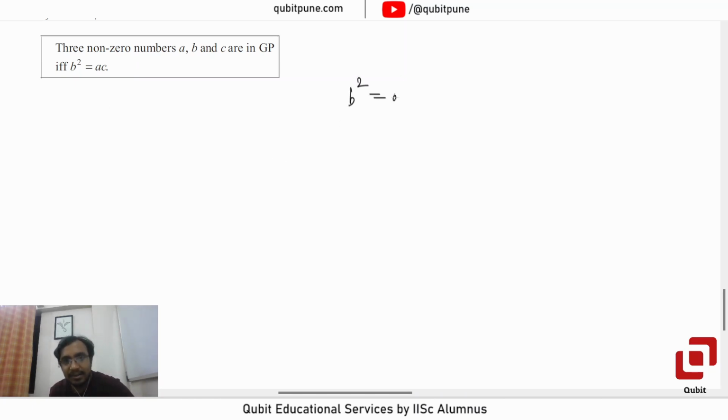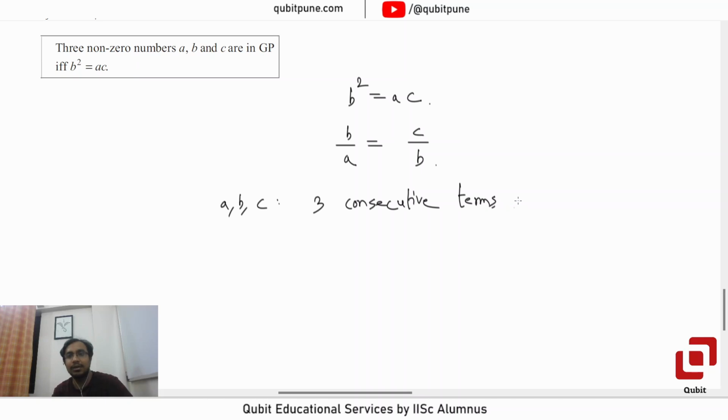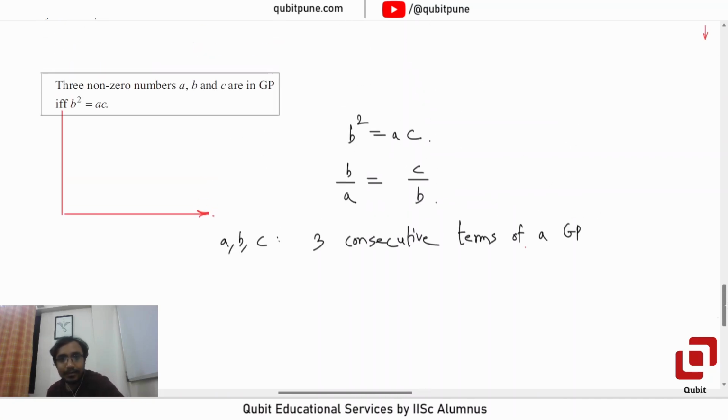When I say B squared is equal to AC, I mean B by A is equal to C by B. That means if A, B, C were 3 consecutive terms of a GP, then we would have got the same result, B upon A equal to C upon B, and hence that biconditional statement is proved. B squared is equal to AC means A, B, C are in geometric progression.